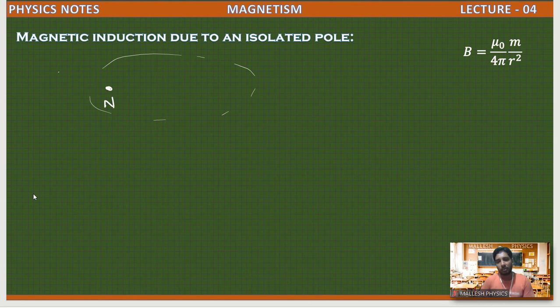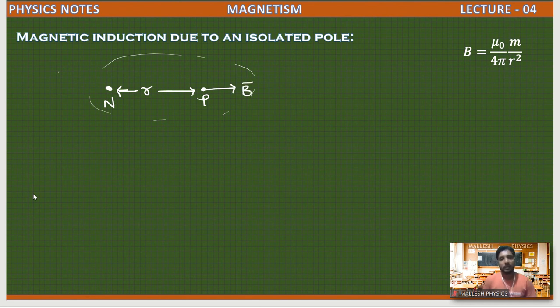Now I want to calculate magnetic field strength or magnetic induction at this point P, which is at a distance r. Now if I assume one unit north pole at this point, it will experience force in this direction. So the field also acts in this direction, B bar.